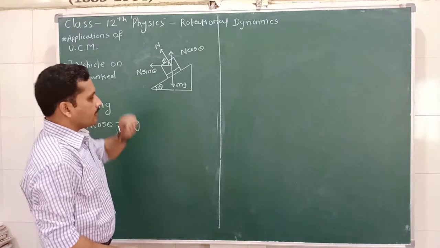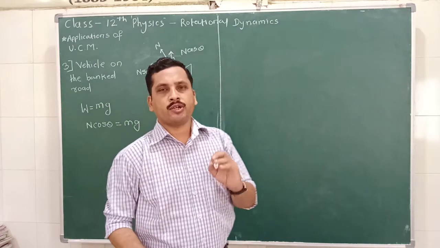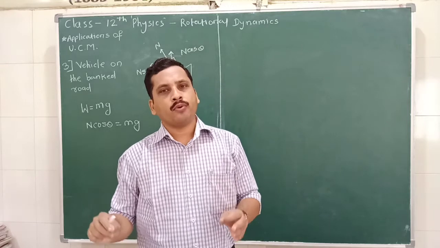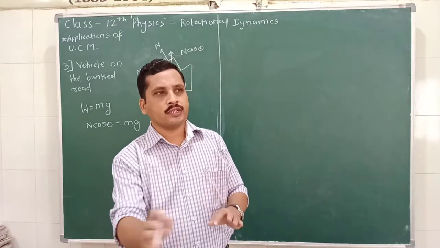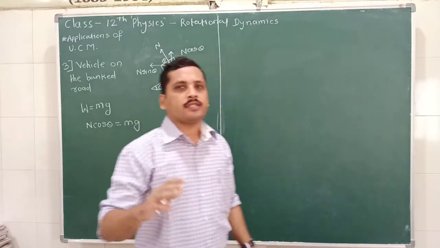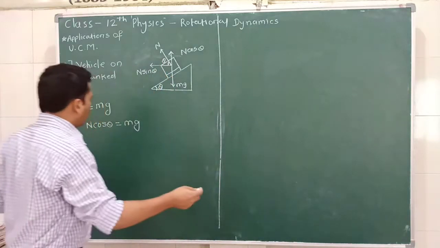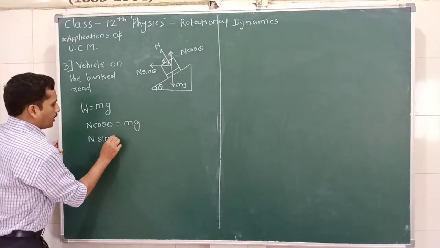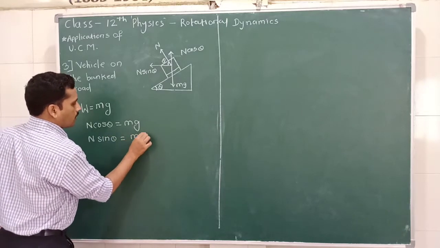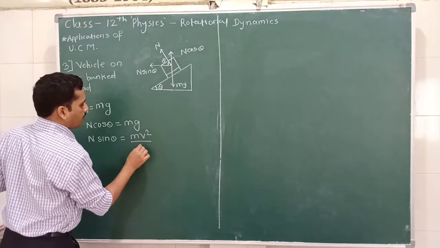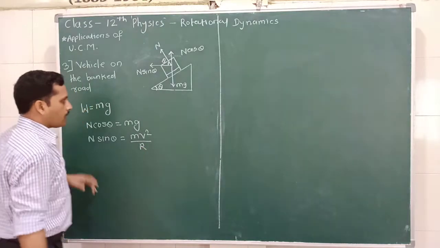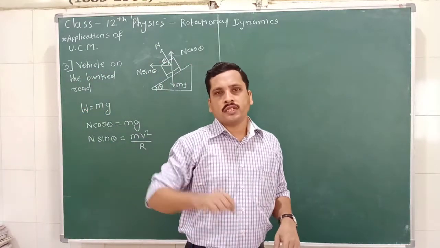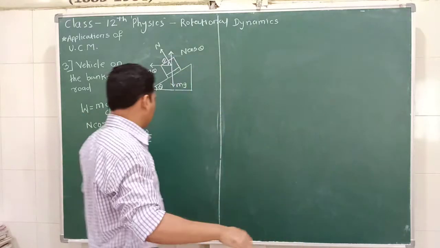And N sin theta is directed towards the center of the circular path, and we all know the force which is always directed towards the center of the circular path is the centripetal force. Therefore, N sin theta is equal to mv square divided by r. What is r? r is the radius of the circular path on which the vehicle is running.